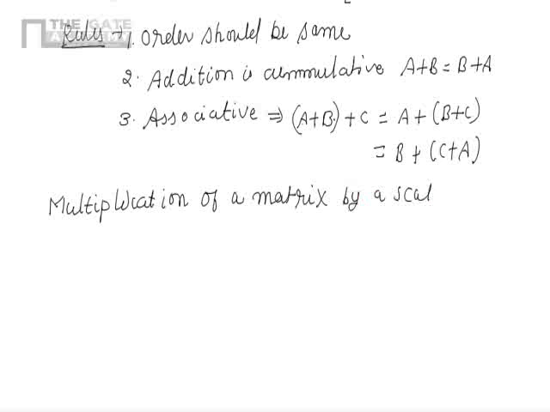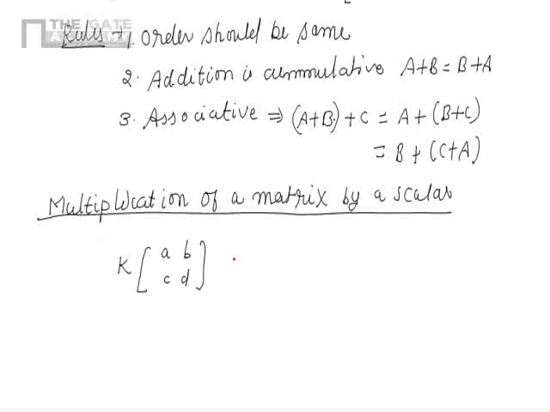If I multiply any matrix by a scalar, what will happen? In this case, every element of the matrix gets multiplied by that scalar. So let's consider A, B, C and D. If I am multiplying by a scalar K, then the resulting matrix will be Ka, Kb, Kc, Kd.